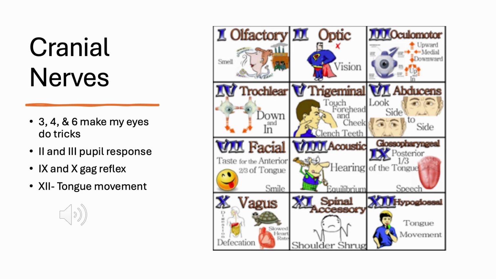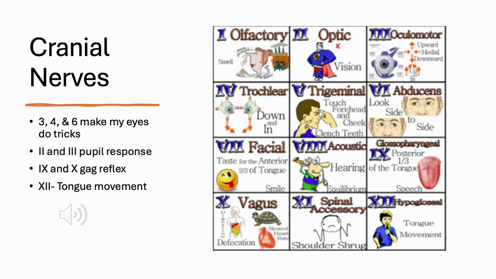The cranial nerves are part of the peripheral nervous system, which always really confused me because I would think cranial means CNS, but no, it's peripheral nervous system. They're on the undersurface of the brain. There are 12 paired cranial nerves, so one for each side, right, with the same number.